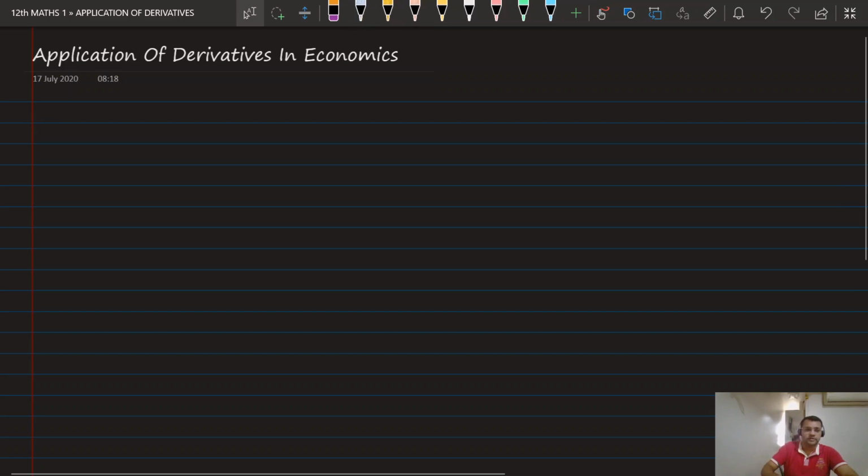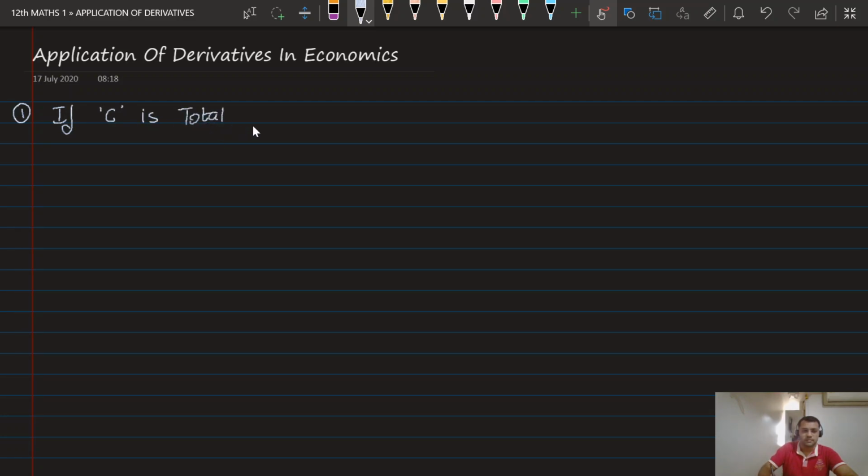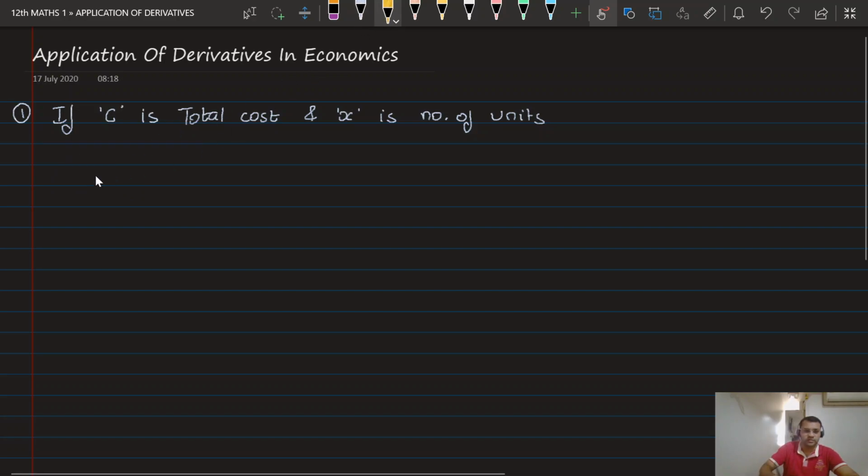The first one we start with is, you can write it along with me: if C is the total cost and X is the number of units, which may be produced or purchased, whatever, then there are two things that I have to remember over here.